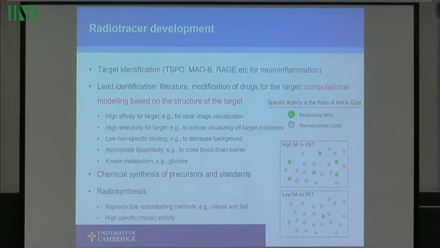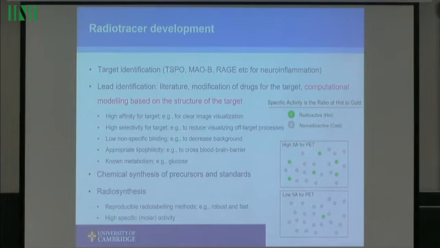So if it is binding to TSPO, it should not be binding to some other receptor or some other molecule or target. And it should have low non-specific binding. So this is a bit different. It should not, for example, dissolve into the fat, so it's not specific to any particular receptor.